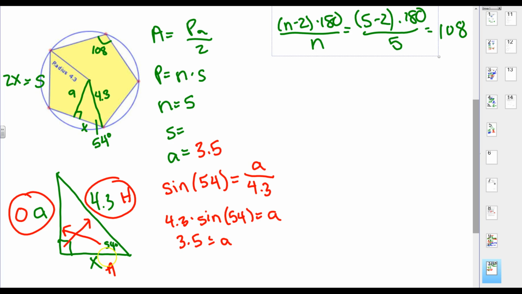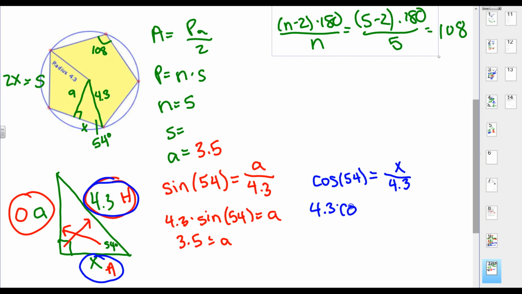Now let's find the x value. So the x value, I've got an adjacent and a hypotenuse, so I'm going to use cosine. So I'm going to say cosine of 54 is equal to x over 4.3. Well, multiply both sides by 4.3, so I get 4.3 times the cosine of 54 is equal to x.